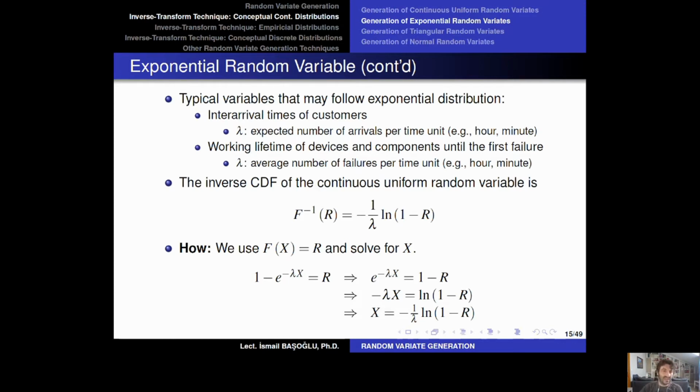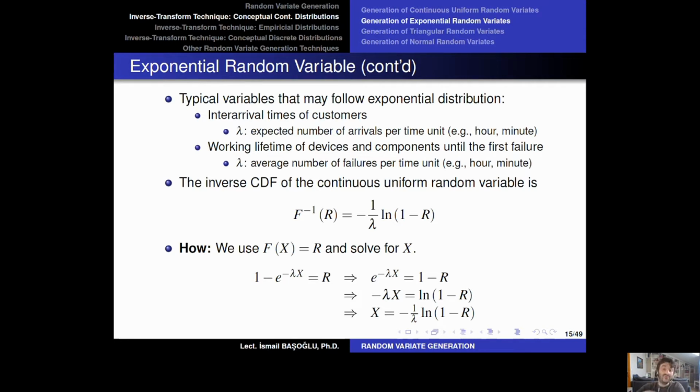At this point, we should say that the lambda, the rate parameter, is the expected number of arrivals per time unit. Imagine this time unit is hours or minutes, okay? So this is the rate parameter. The inter-arrival times of consecutive customers can be exponentially distributed. So this can be one of the typical models for the inter-arrivals of entities into a queue, so customers to a bank, customers to a supermarket.